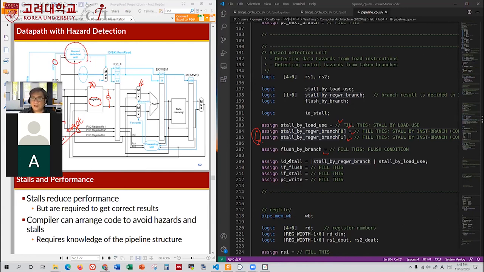So I already completed the ID stall signal, and then you need to also complete the instruction fetch flush, instruction fetch stall, and then this signal PC write. Okay, I think it's a little bit tricky part of this lab assignment. Actually the hazard detection unit design is the tricky part of the pipeline processor design.